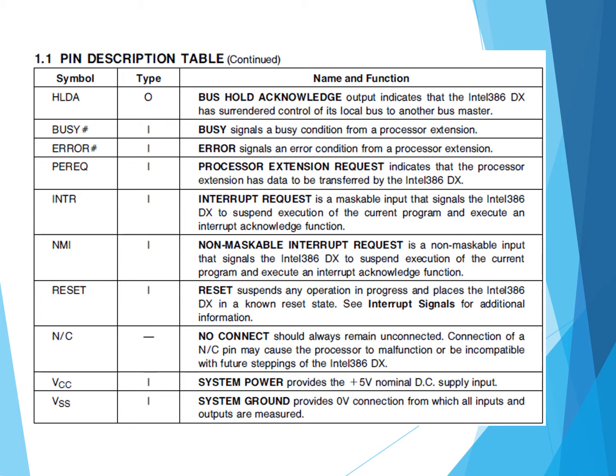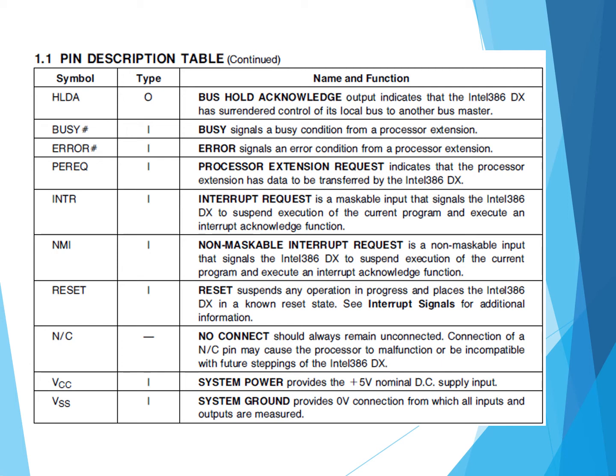HOLD and HLDA are also known as handshaking signals. If HOLD is to be acknowledged, it is acknowledged with bus hold acknowledge, HLDA, which is an output that indicates that the 80386 has surrendered control of its local bus to another bus master.